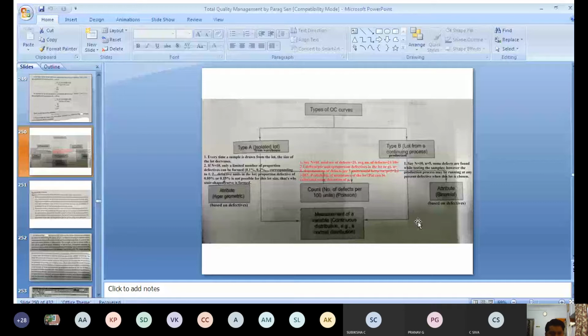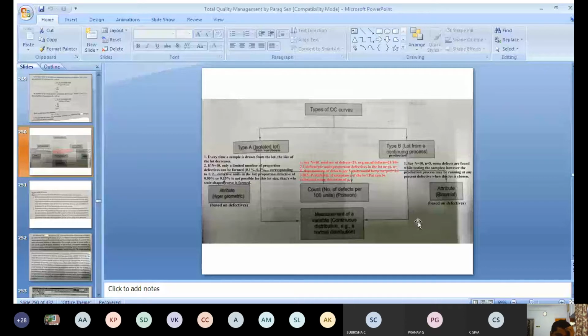For example, in case of type A, you require the hypergeometric distribution, in case of type B curve, you require binomial distribution, and in case of type C curve, you require Poisson distribution.